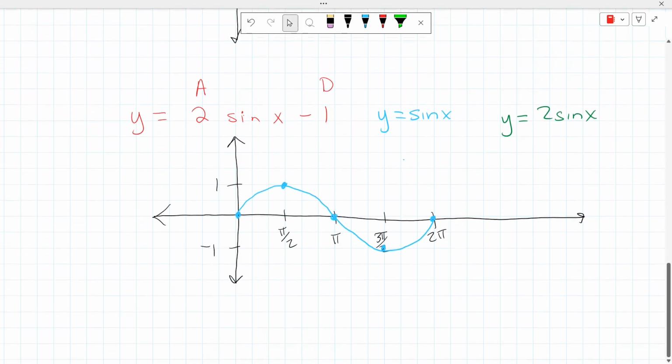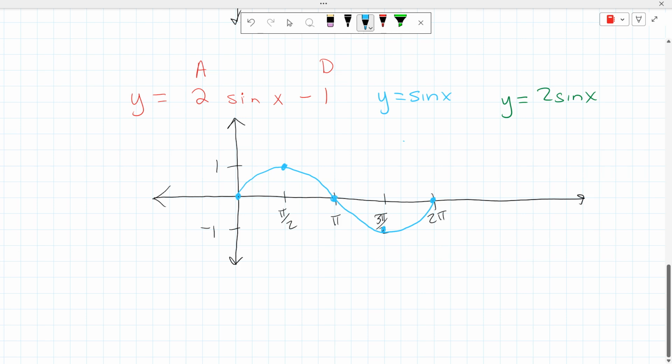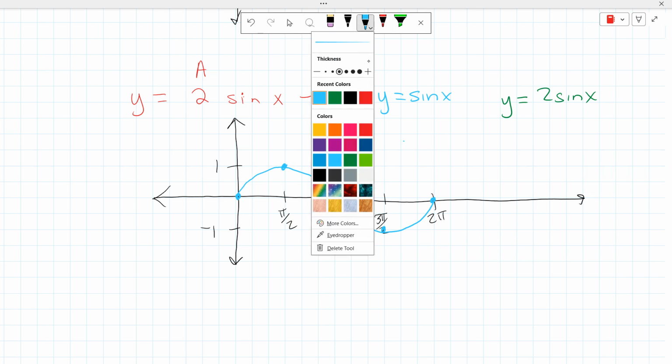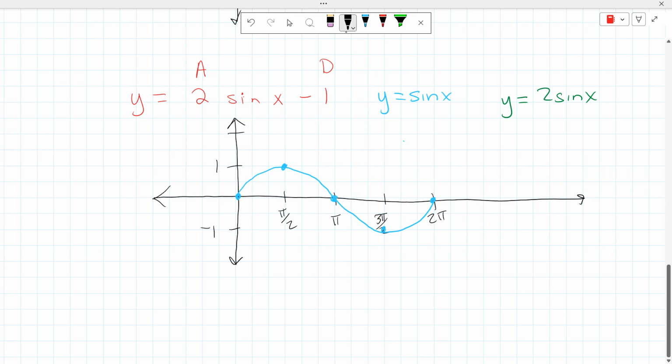Okay. Now, if I want to graph y equals 2 sine of x in green, what I have to do is I have to make sure I have 2 and -2 on my graph. Now, 2 sine of x is a stretch. When you stretch 0, where does it stretch to? 0. It doesn't stretch. 2 times 0 is 0. So it starts right here. What's 2 times 1? 2.